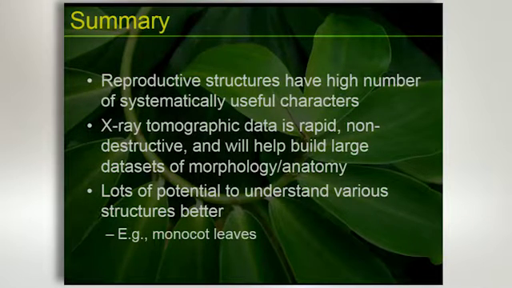And we've been using a lot of X-ray tomography, and I think it's a really nice technique to use, especially on groups where it can be hard to section their fruits or seeds. It's a very rapid technique, it's non-destructive, and so we can build up these very large data sets of morphology and or anatomy on a decent time scale.